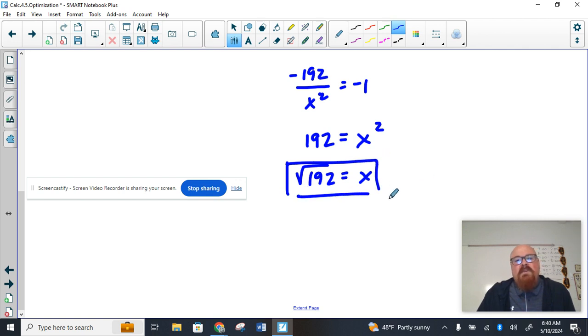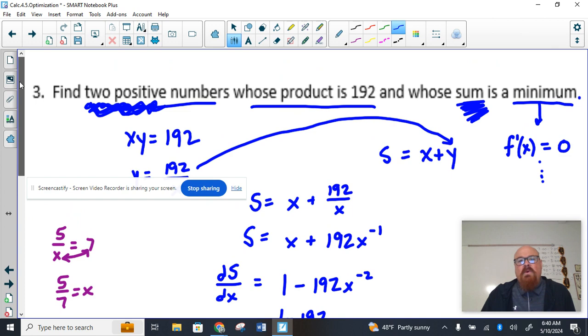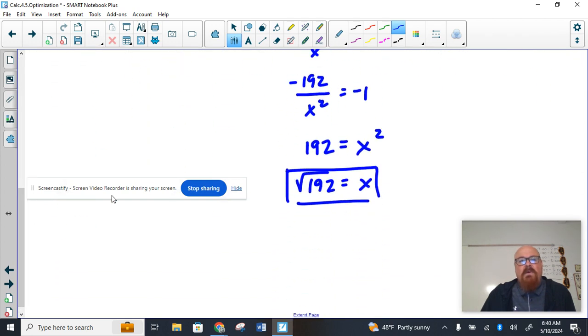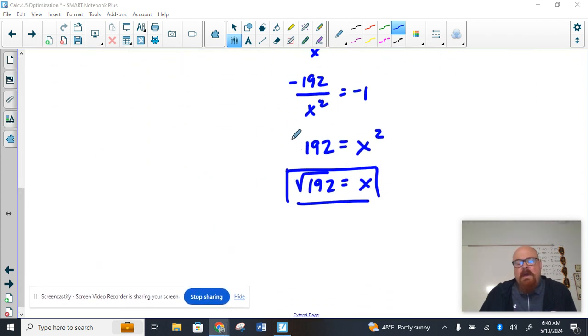And as I said in a previous video, that's not the minimum sum. That's the value of x that produces the minimum sum, right? So I know what my x value is. Now I need to figure out what my y value is. Now, 192, okay, is not a perfect square. It houses a perfect square. It has a perfect square factor.